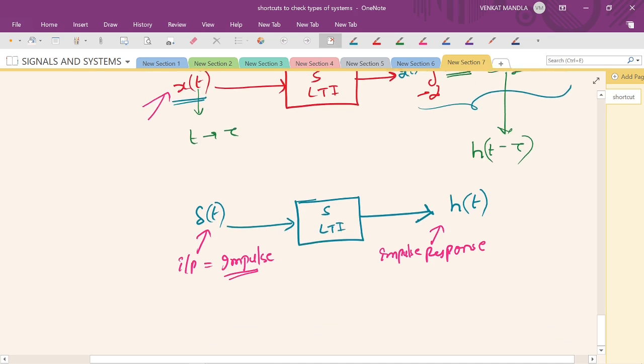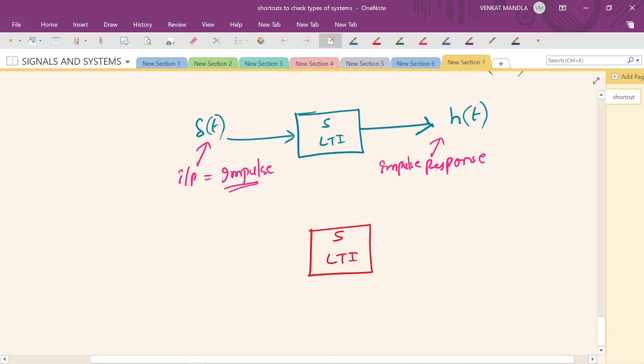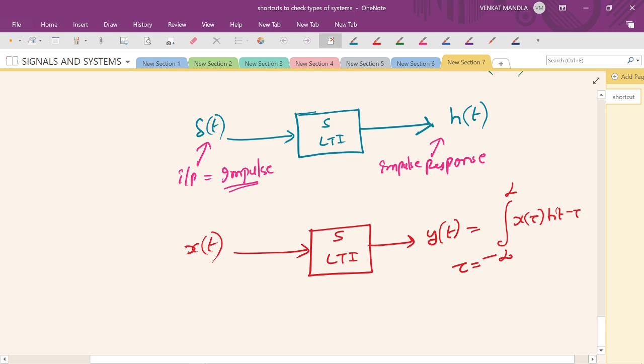So if I give any arbitrary signal x of t to this LTI system as the input, first I will find out h of t. First I will give delta of t as the input to the system, then I will find h of t, that is the impulse response, and then I will find the output for any input, that is integral from minus infinity to plus infinity, these are tau limits, x of tau h of t minus tau d tau.